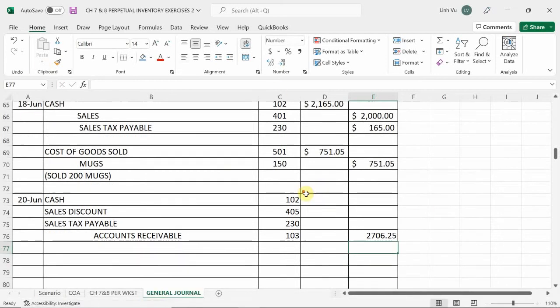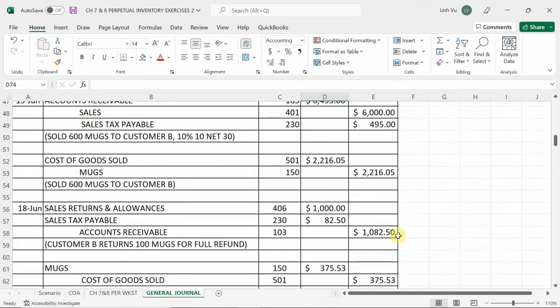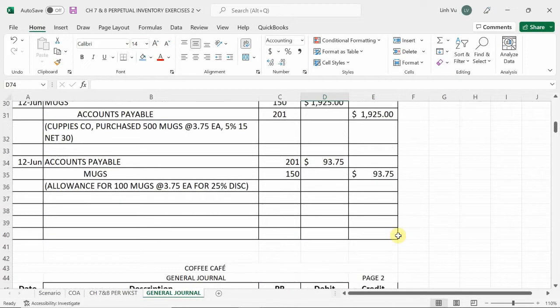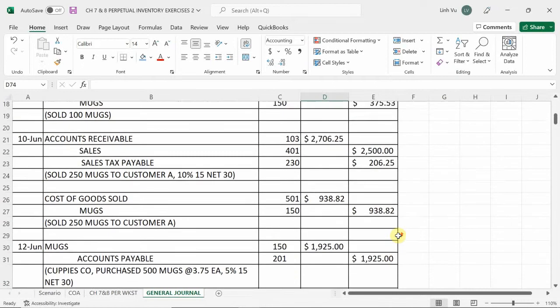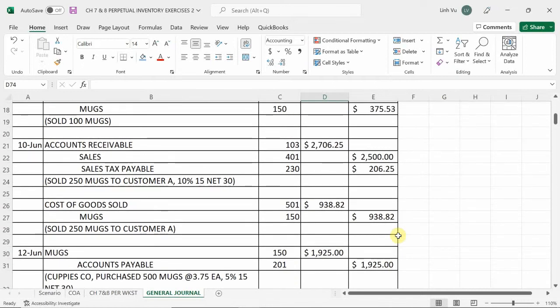Now, if I'm going to be giving customer A a 10% discount, what amount am I discounting? 2,500. I can only discount the actual sale.